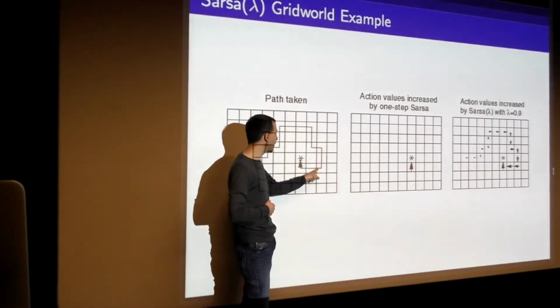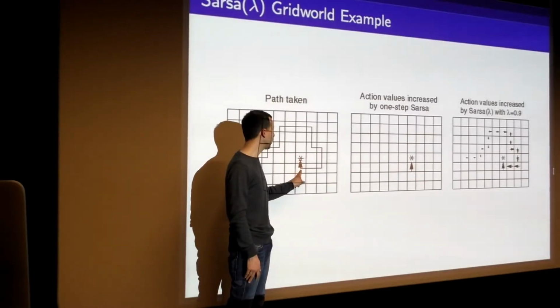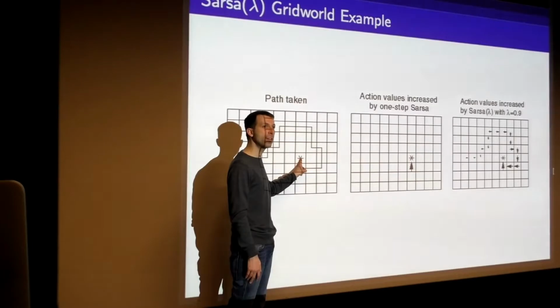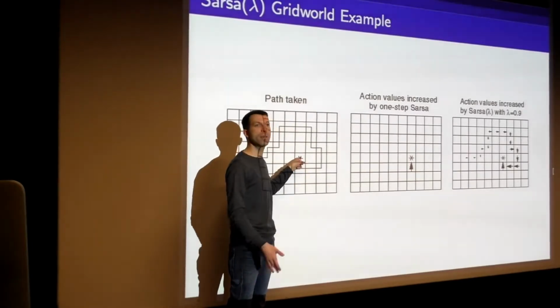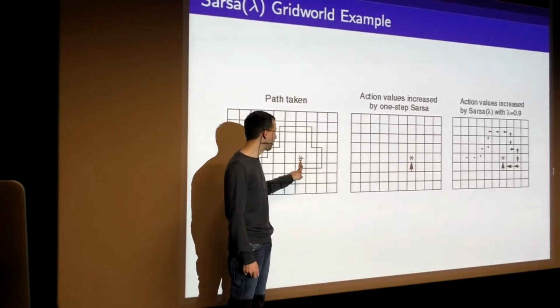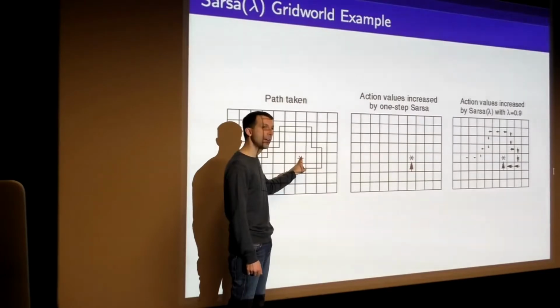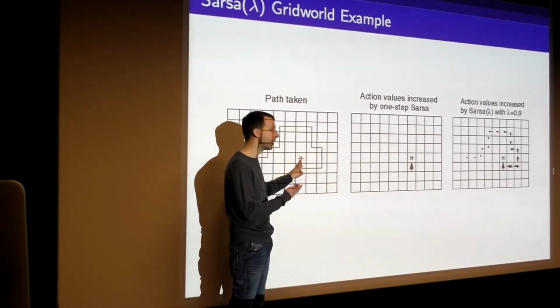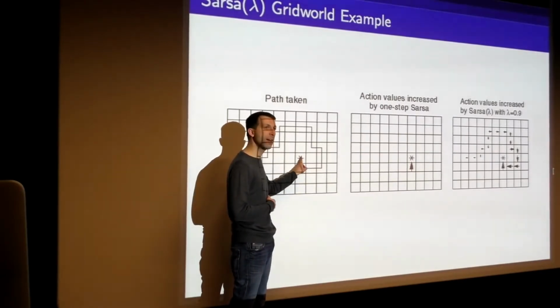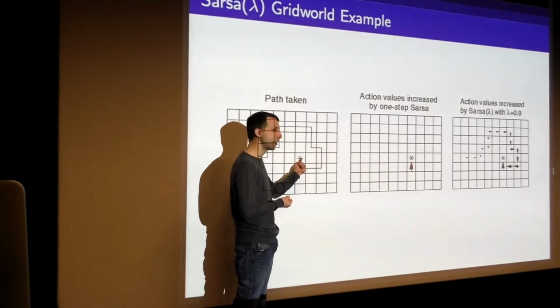The only place you get a change was in this very final step here, where you thought you were in a situation where if you go north, you got a value of 0, but then you ended up in a situation where you got your carrot. So now, this one will be updated, and you'll have a very nice positive increment. You're going to increase the value of this action going north to some higher value, and you'll think that this was a good action.